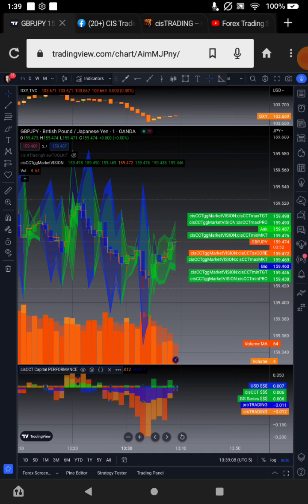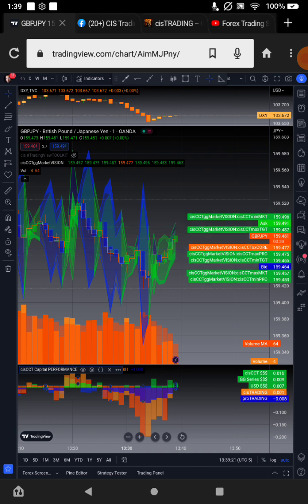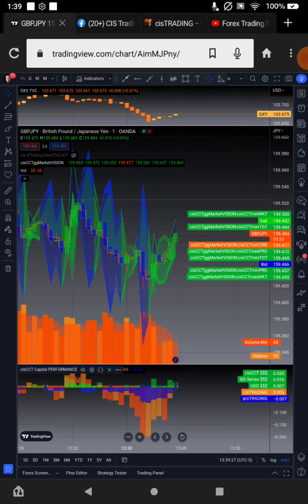Some of the metrics and the indicator algorithms are a part of the CIS trading eventual Thinkorswim toolkit and move beyond some of the pro trading into capital cycles created by myself at CIS Trading.